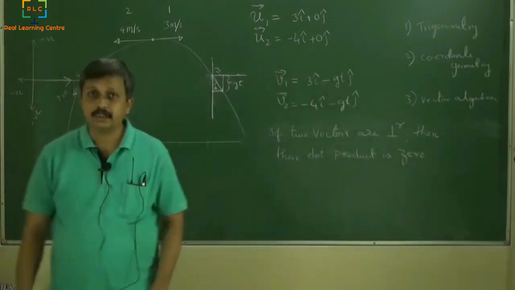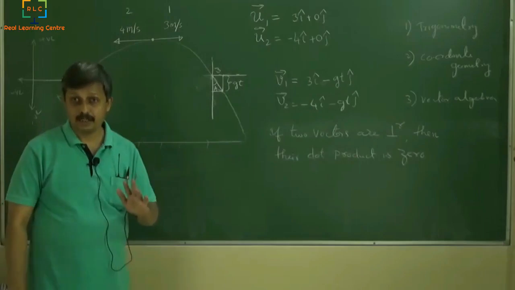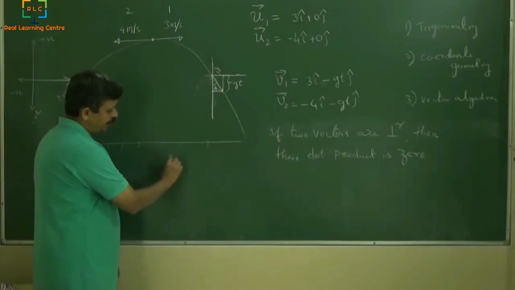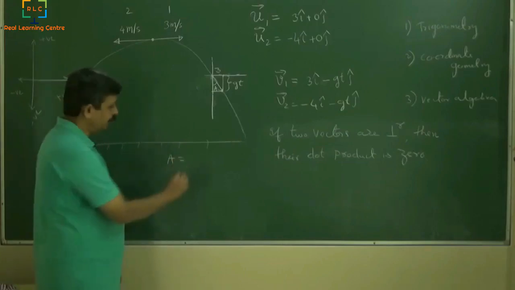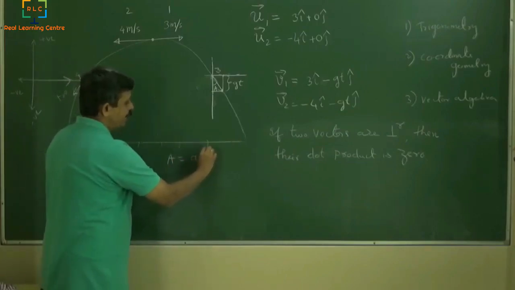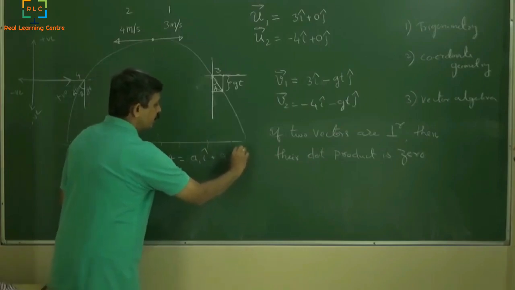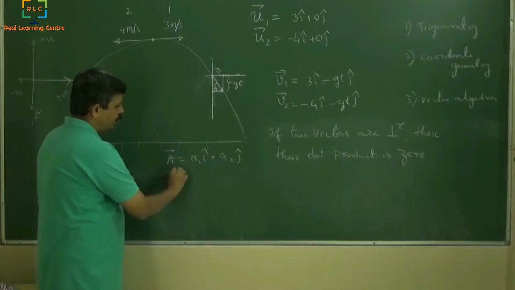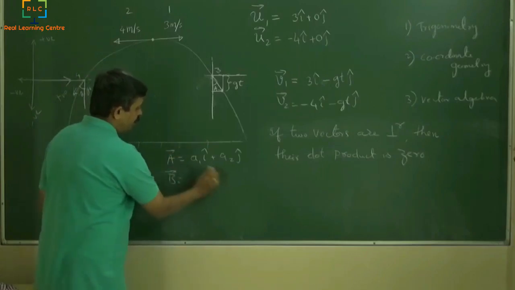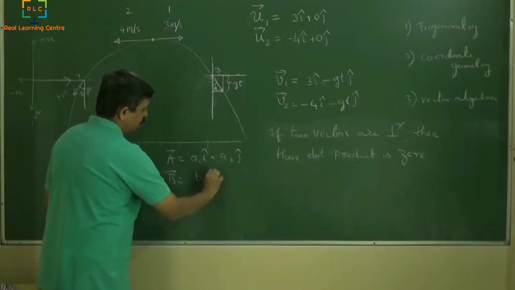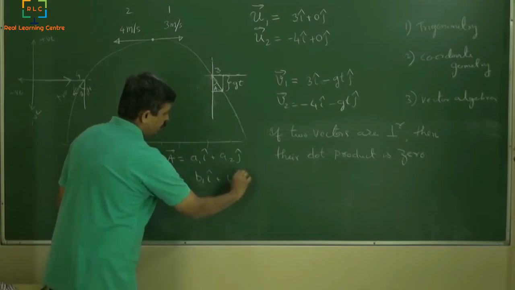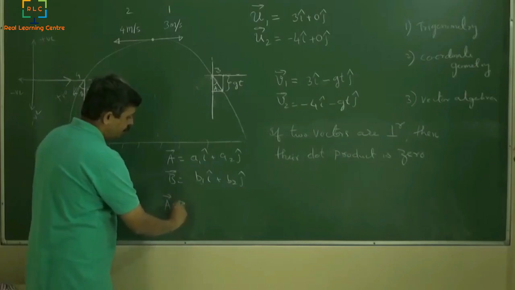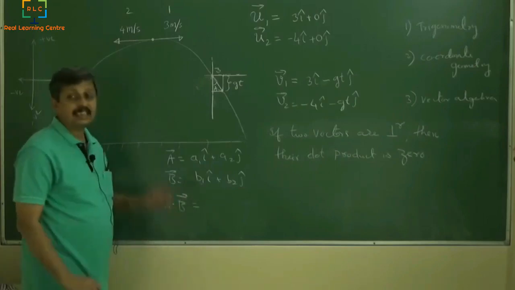So what is the meaning of dot product? If you have a vector A, let us say, is equal to A1 i plus A2 j, and vector B, let us say, is equal to B1 i plus B2 j, then dot product A dot B is a scalar.